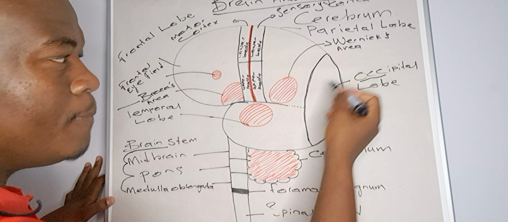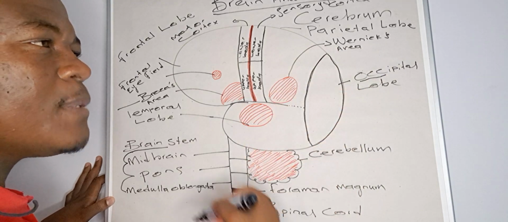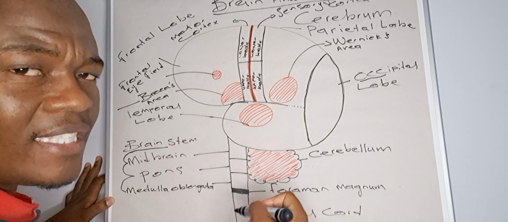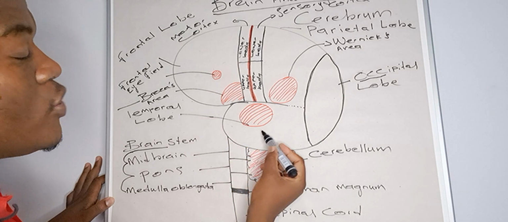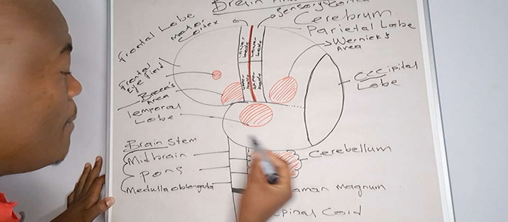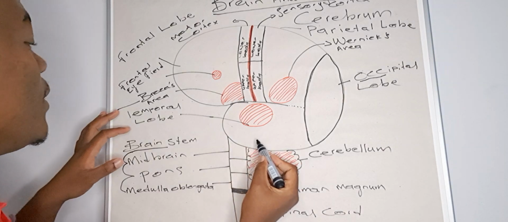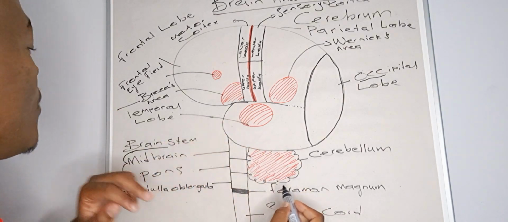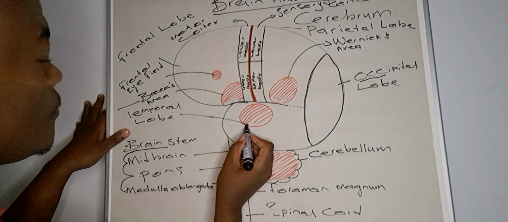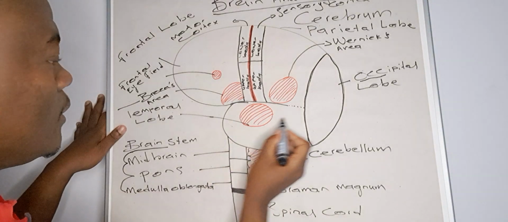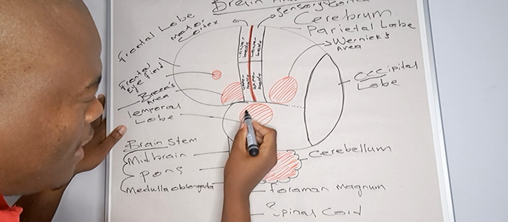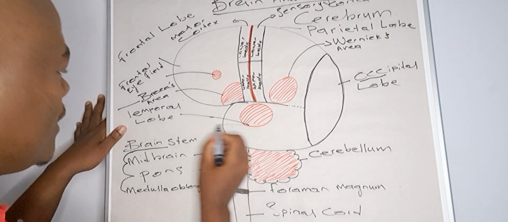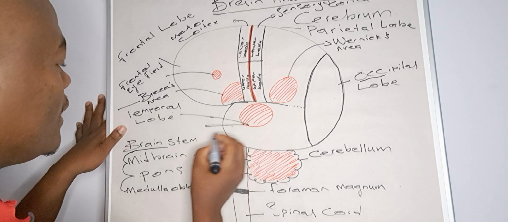This gives you the understanding of the speech that is coming towards your temporal lobe, because this is where you hear. Temporal lobe, this is where you hear. This area is your temporal lobe. This particular spot here is your auditory area.